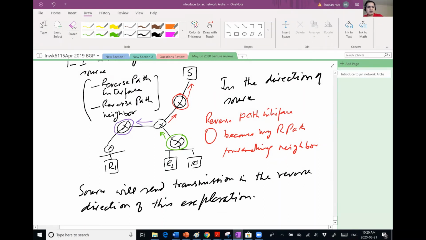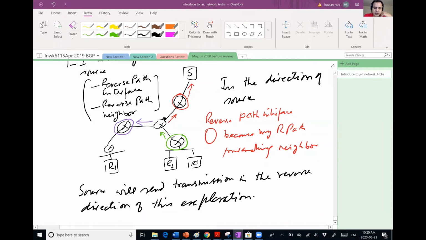For example, now if source wants to send data, let's say to this, what is my incoming interface? This is my incoming interface here.